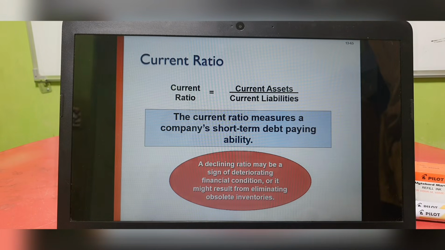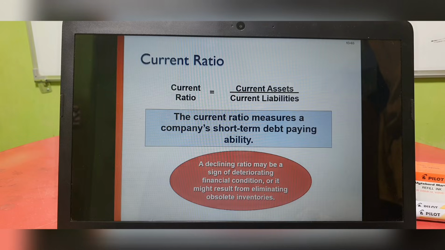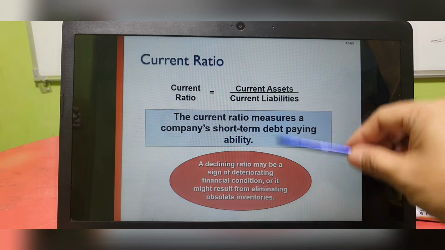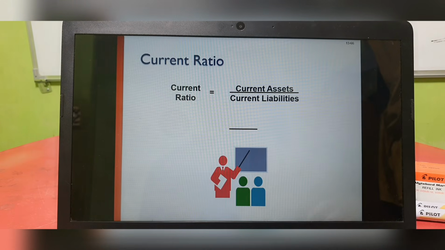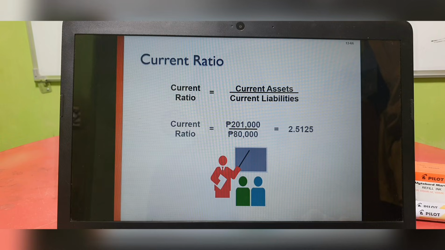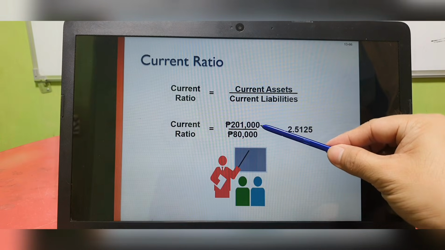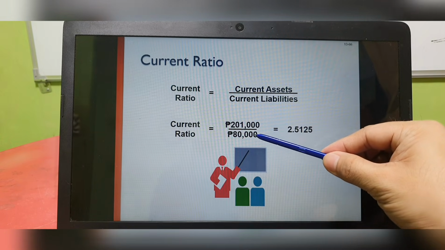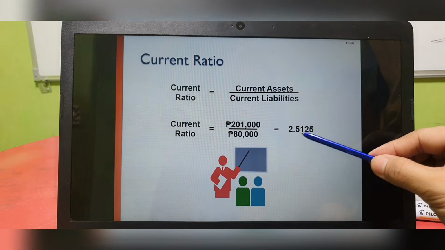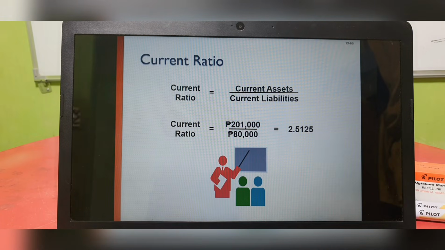So, again, the current ratio will tell you if you are capable of paying the current liabilities based on our current assets. Let's check if we are capable. So, yung ating data kanina, 201,000 for the CA, CL 80,000. So, we are 2.5 times capable of paying the current liabilities based on our current assets.